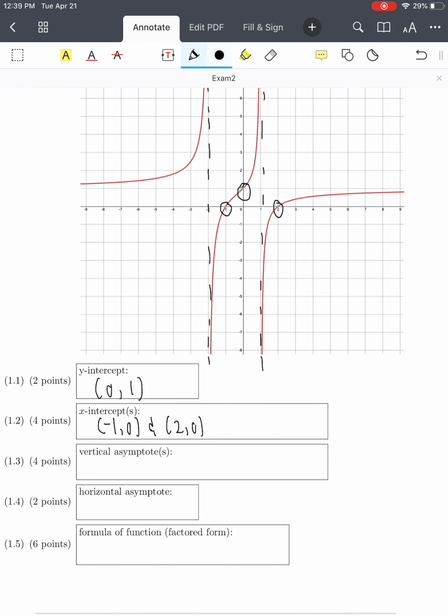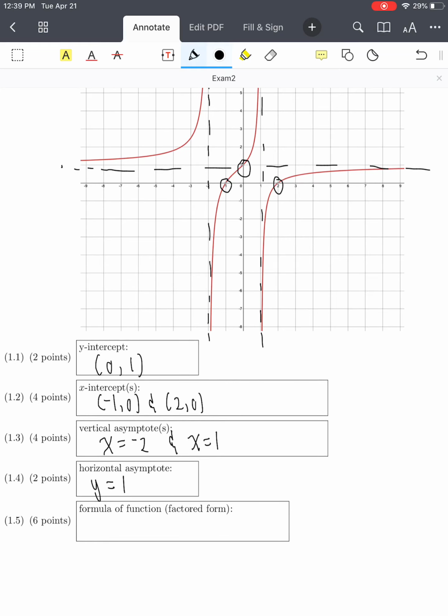So those are the vertical lines x equals -2 and x equals 1. The horizontal asymptote is where the end behavior goes towards. So it looks like we're over here at the line y equals 1.